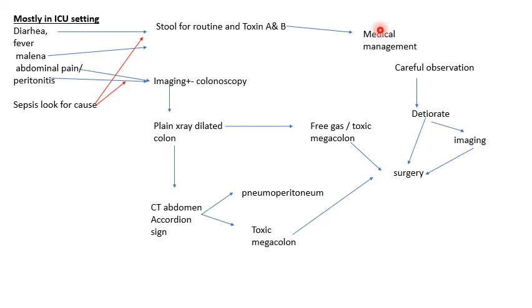So please keep this diagram in mind. Very simple. You will try and use simple investigations, try and use medical management, but observation. The moment things are getting sinister, start using more intensive investigations like your imaging, colonoscopy, etc.